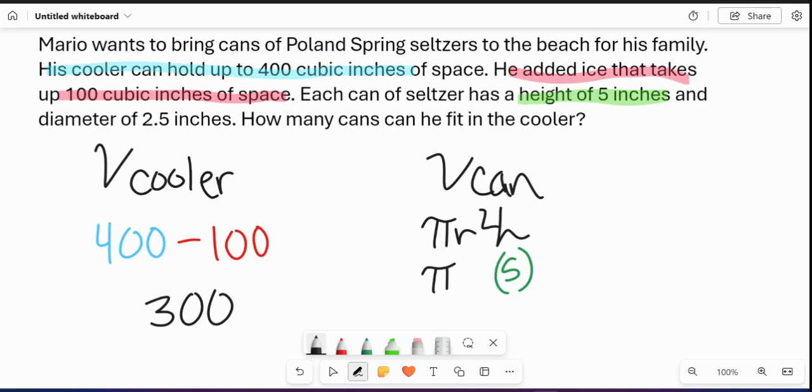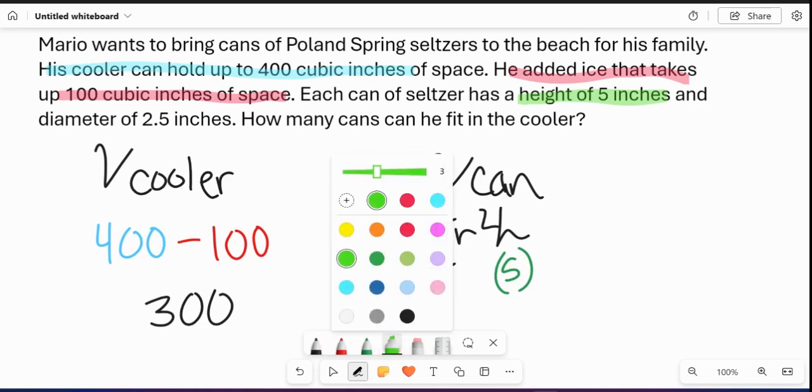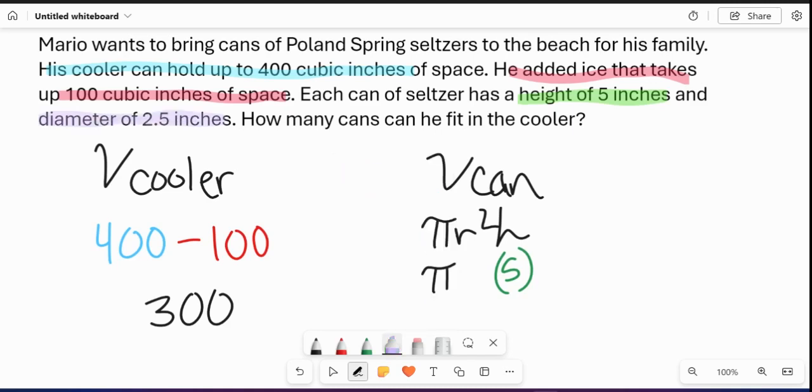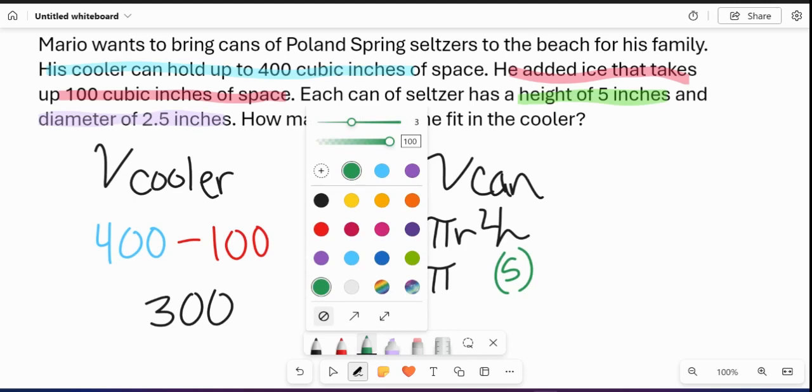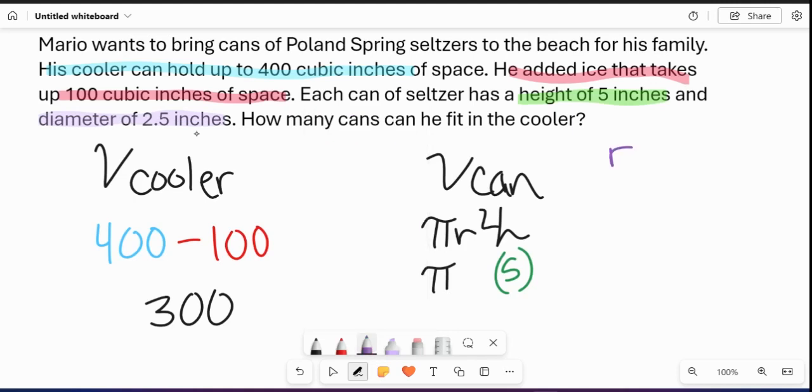And then the diameter is 2.5. So to find the radius, you have to take the diameter, which is 2.5, divided by 2, which is 1.25. So that's going to go in for my r here. And don't forget to square that.